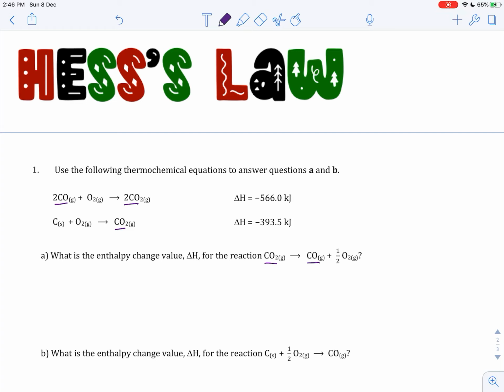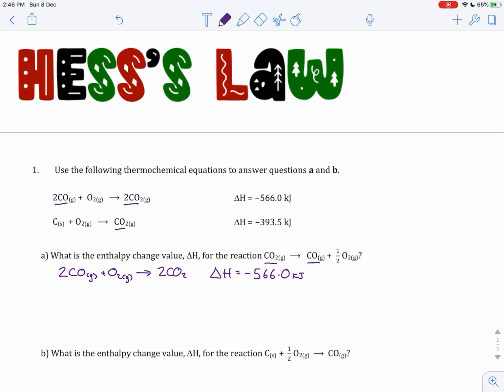So you're actually only going to use reaction 1 for part A. So you're trying to get reaction 1, which is 2CO gas plus oxygen yields 2 carbon dioxide.